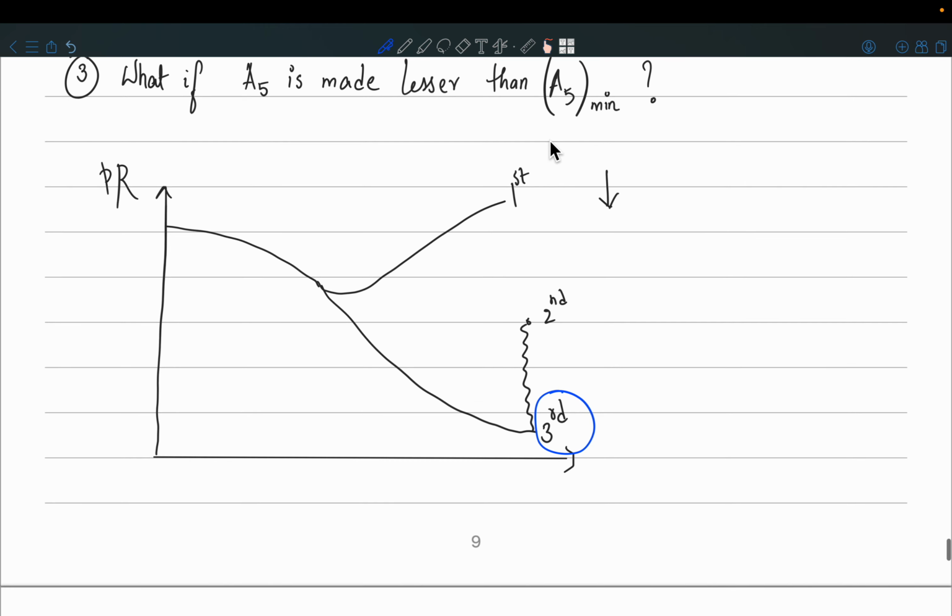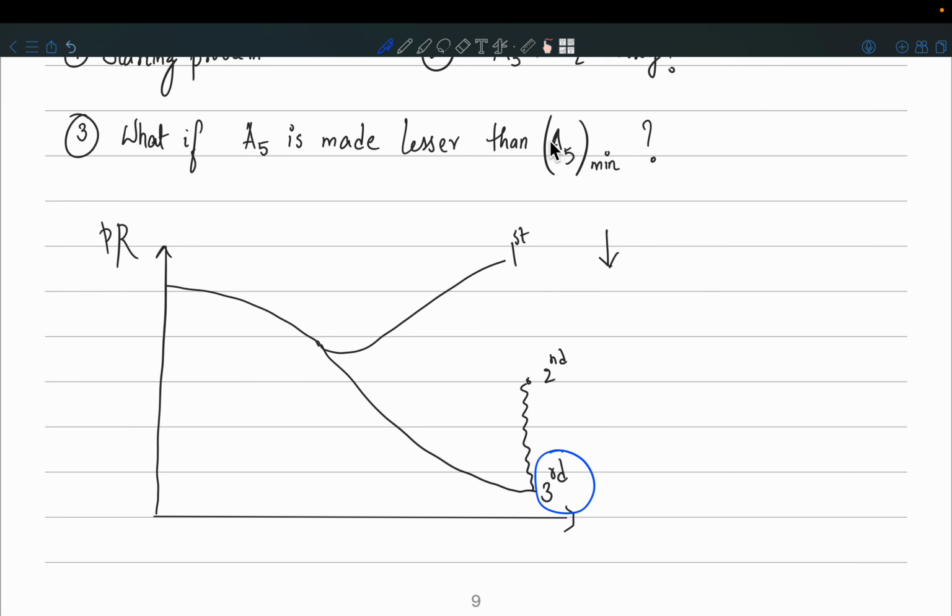You cannot avoid it, because once it has come, you cannot remove it, however much you decrease the pressure. And if you see in the diagram itself, this pressure ratio at the third critical is so low. You have to achieve such a low pressure ratio, that itself is very costly. It is very expensive to reach such low pressures. So we will avoid operating at the third critical. Is that understood?